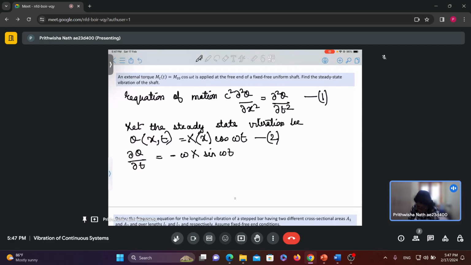Again differentiating this with respect to time, minus omega squared x cos omega t.